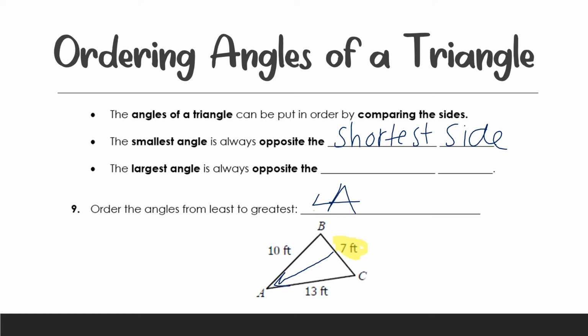The largest angle is always opposite the longest side. So if we're looking at our picture, our longest side is 13. And so that means B, which is opposite, would be our largest angle.